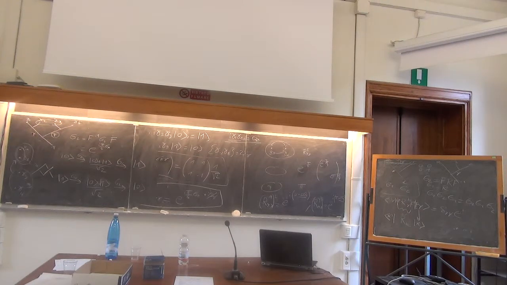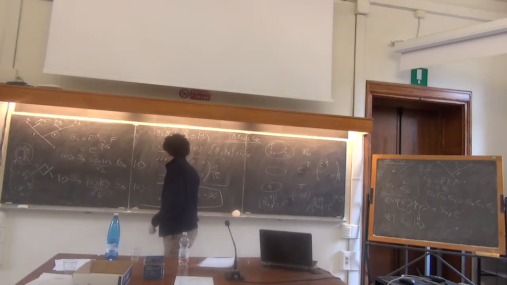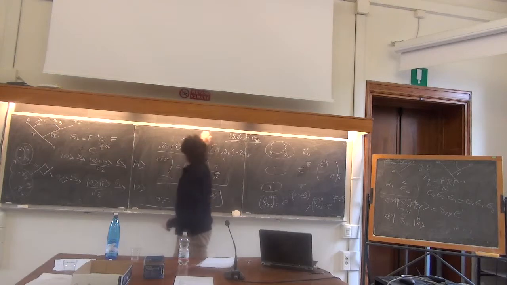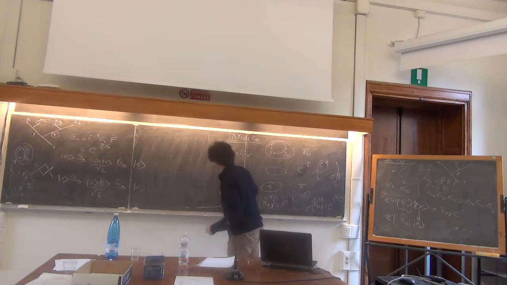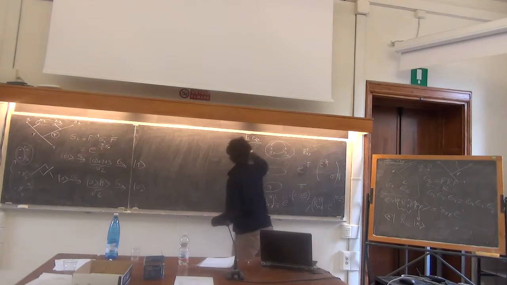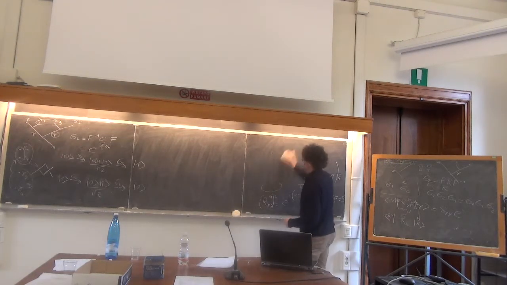So, about Majorana modes, I can start to introduce the subject, and I have to tell you that from the computational point of view, this representation of the gamma is one of the most important tools that you have to deal with them.